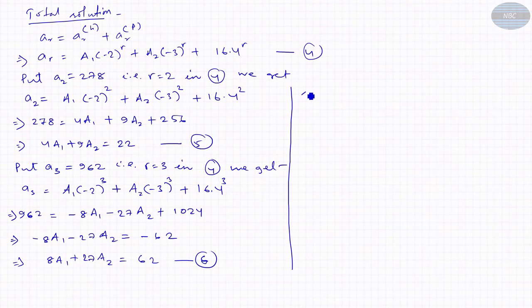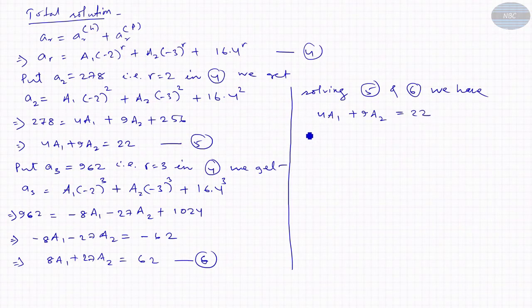Okay. Now solving 5 and 6, we have, so to solve 5 and 6, write down the equation first. 4a1 plus 9a2, this is equation 5, is equal to 22. This one is 8a1 plus 27a2 is equal to 62.